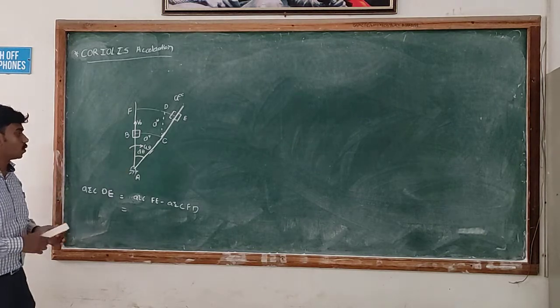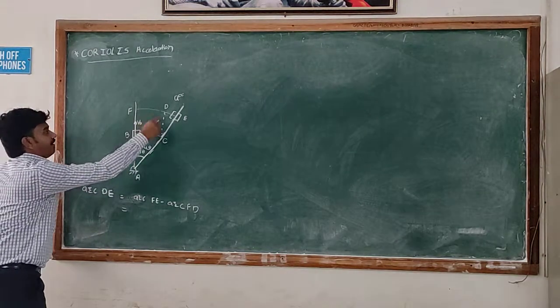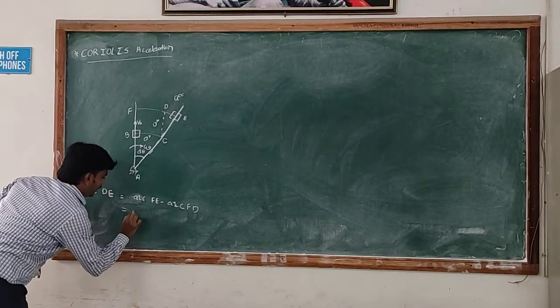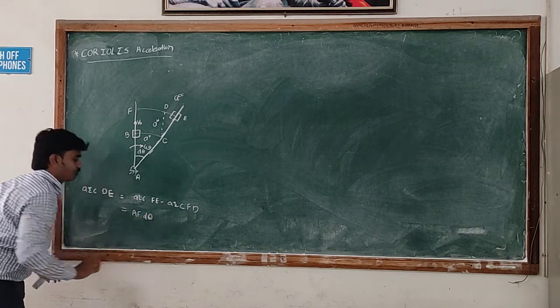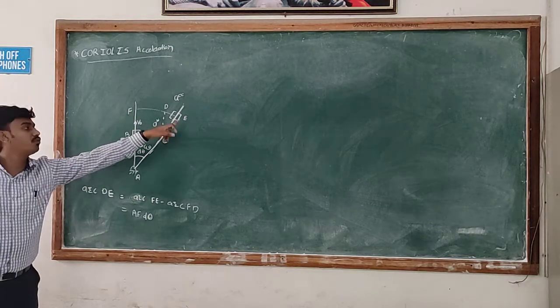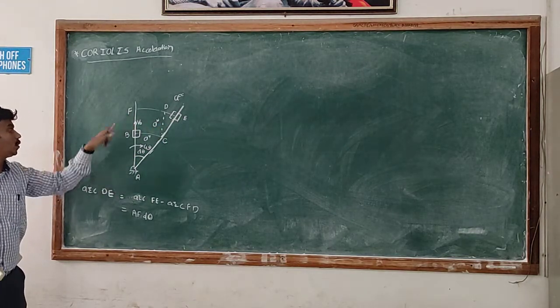FE is equal to the distance AF into d theta, so FE is equal to d theta into AF.